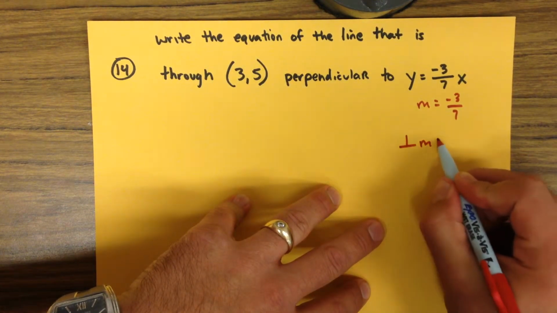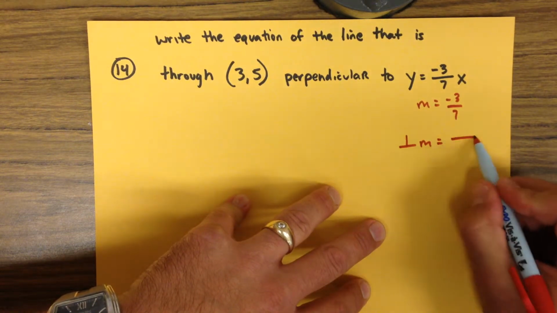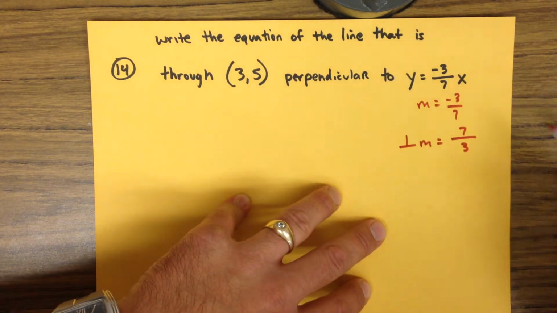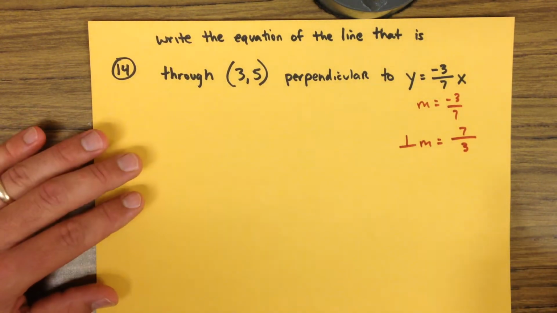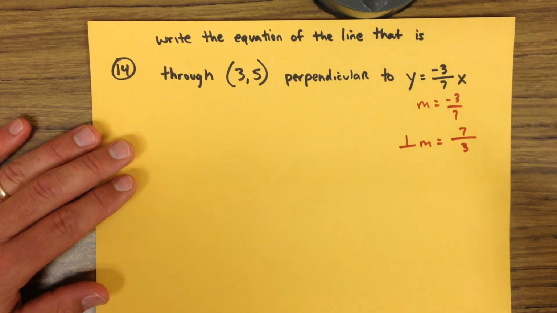So the perpendicular slope is going to be the negative or the opposite reciprocal. So we have to flip it and we have to switch the sign. So it was negative, now it's positive, and we've switched the order of the rise and run, basically. So my new line has a slope of 7/3, not -3/7.